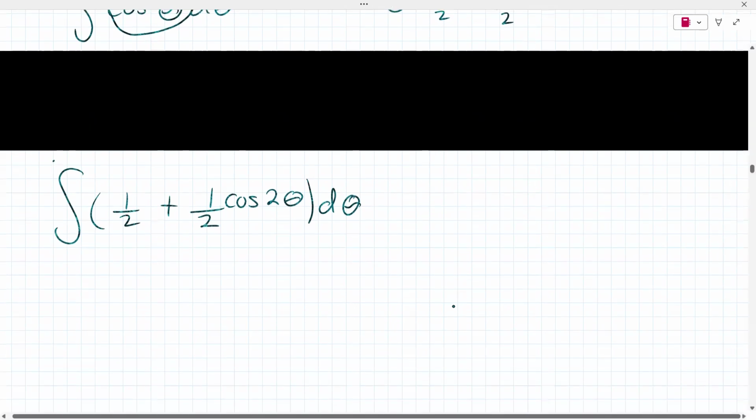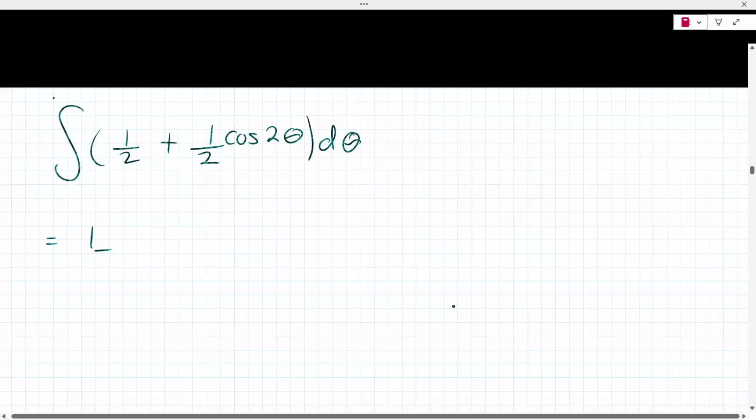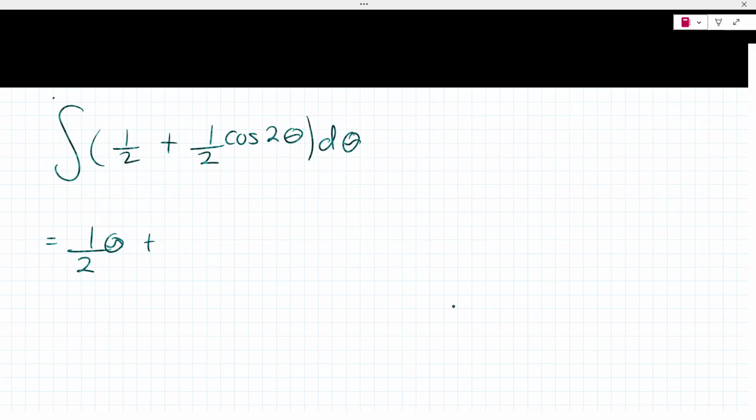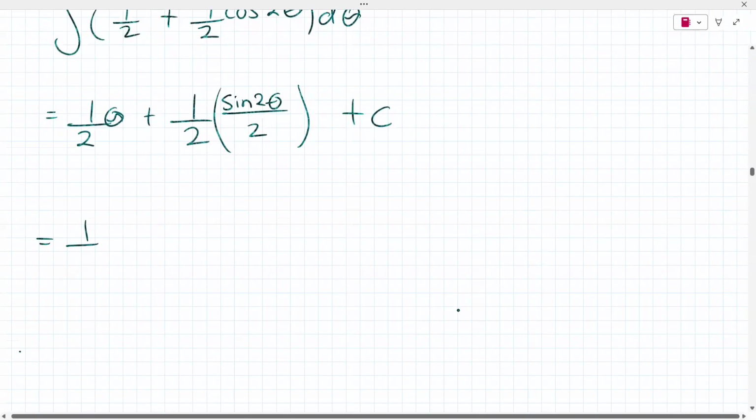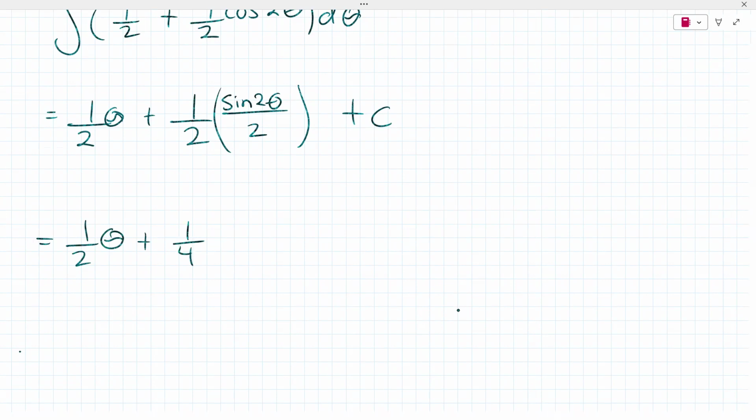The integral of 1/2 is 1/2 theta. What's the integral of 1/2 cosine 2 theta? Take that 1/2 out. The integral of cosine 2 theta is sine 2 theta over 2. And don't forget the plus c. So we get 1/2 theta plus 1/4 sine of 2 theta plus c.